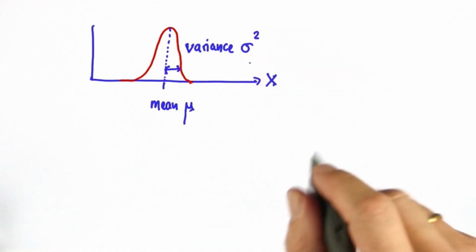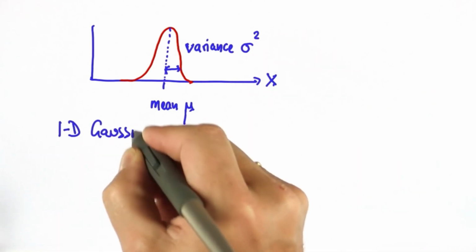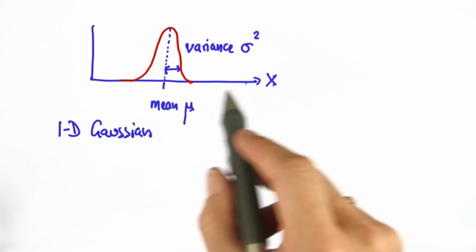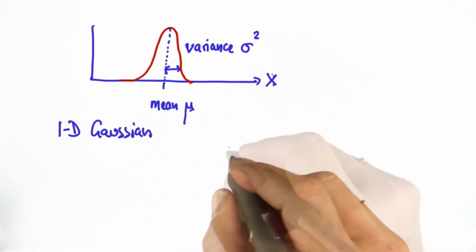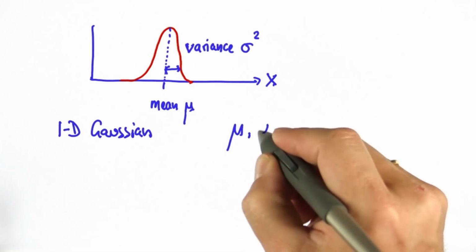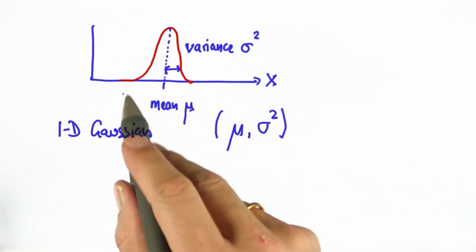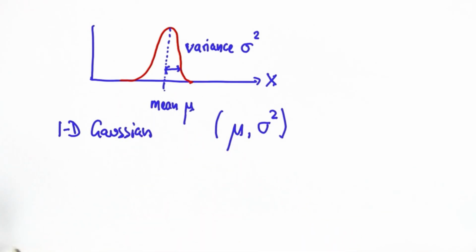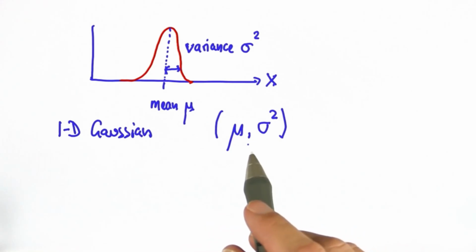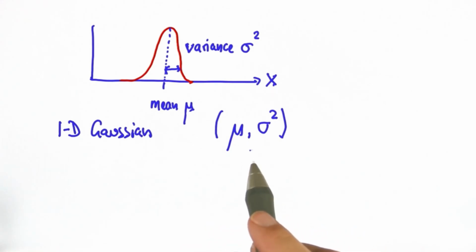So any Gaussian in 1D, which means the parameter space over here is one-dimensional, is characterized by mu and sigma square. So rather than estimate the entire distribution as a histogram, our task in Kalman filters is to maintain a mu and a sigma square that is our best estimate of the location of the object we're trying to find.